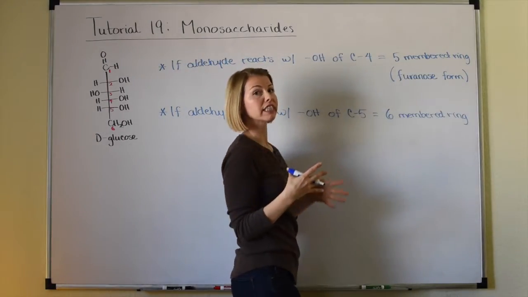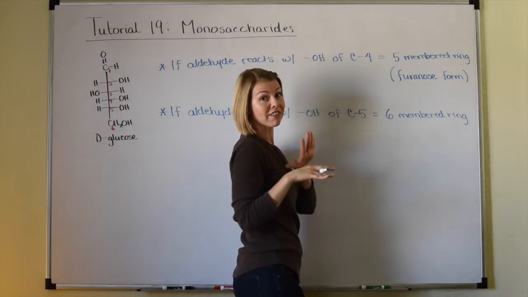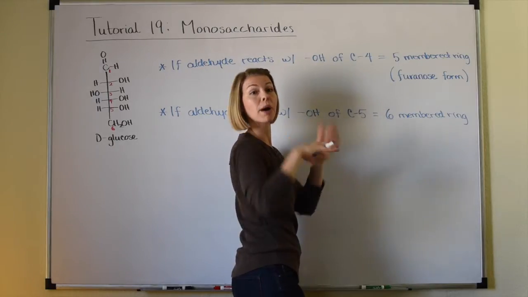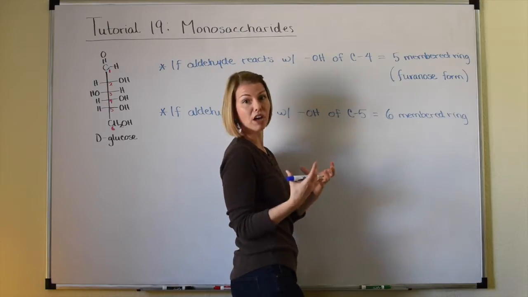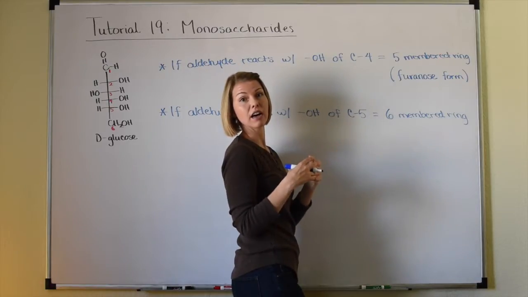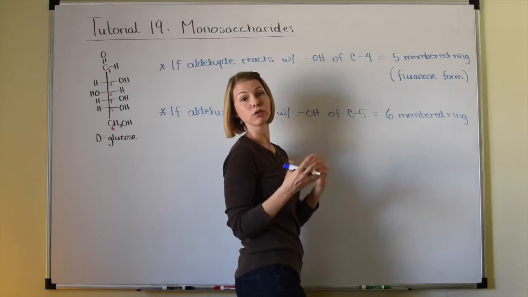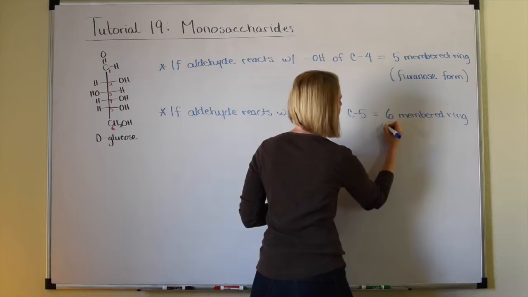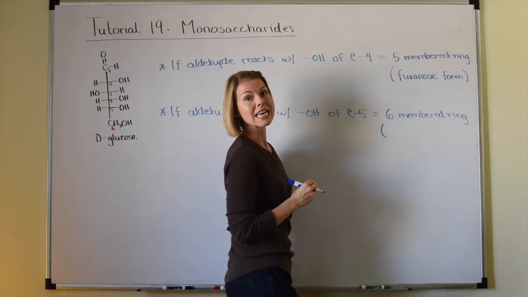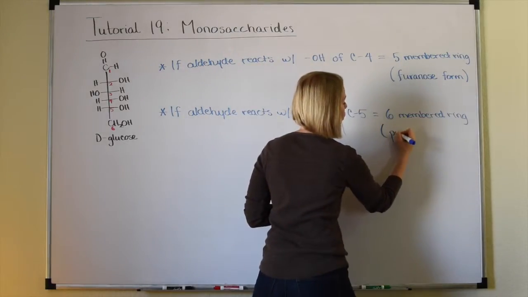Remember that those 5 and 6-membered rings are not flat. They are kind of puckered, and that's how they accommodate that 109.5 degree bond angle that is equal to what you see in the tetrahedral geometry. Okay, so the 6-membered ring form is called the Pyranose form.